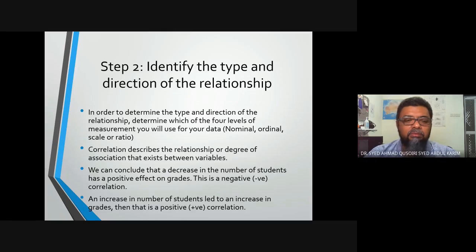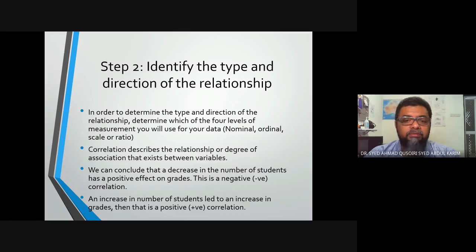Next, we want to determine the type and direction. So we need to determine which of the four levels of measurement you will use for your data. If you remember our previous lecture on level of measurement, whether you will use nominal, ordinal, interval, or ratio type of data. So correlation describes the relationship or degree of association that exists between the variables.